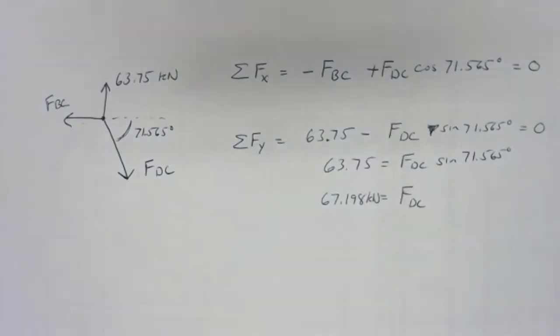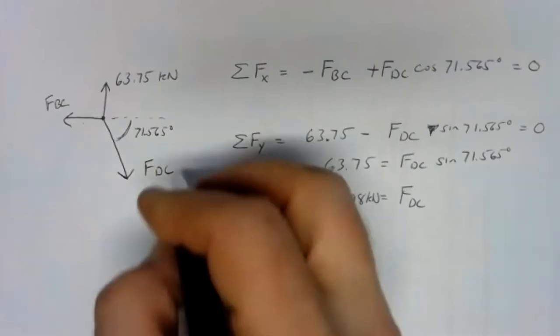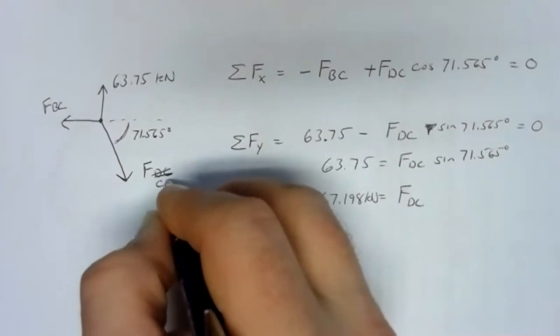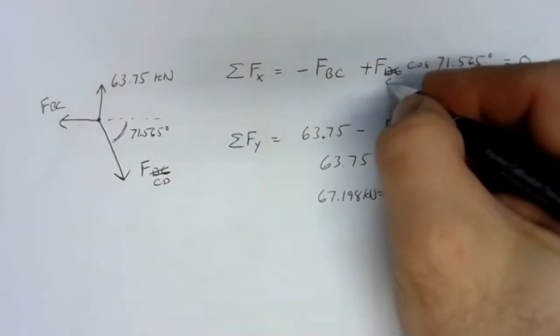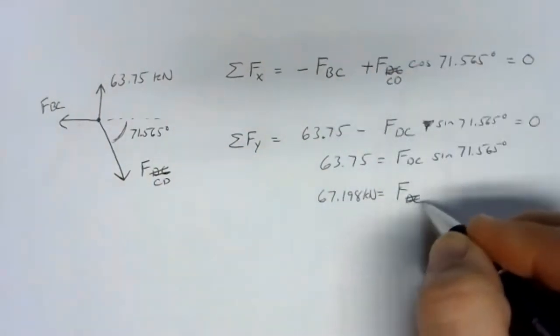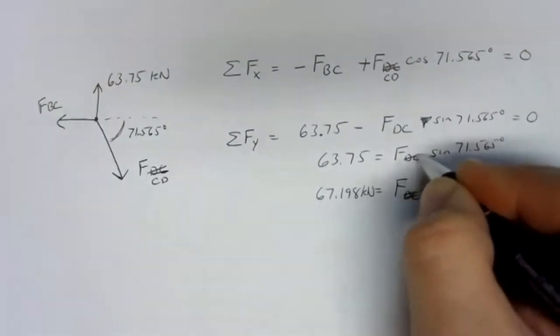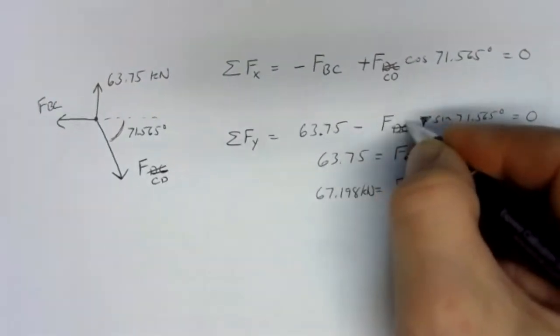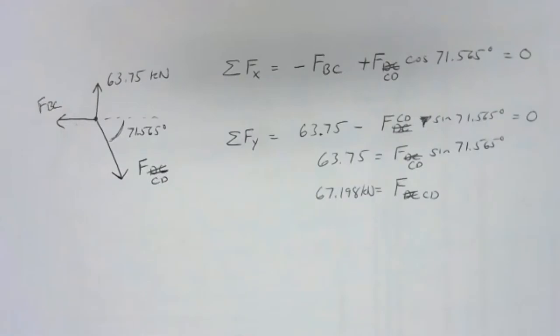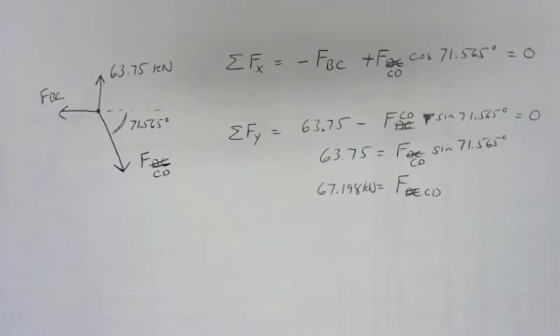So remember DC, did I say DC? CD should be the correct one. I knew that sounded weird. Say CD, just sticking with our alphabetical order standard here. So FCD, 67.198 kilonewtons. Positive, so we know we've got the right direction.